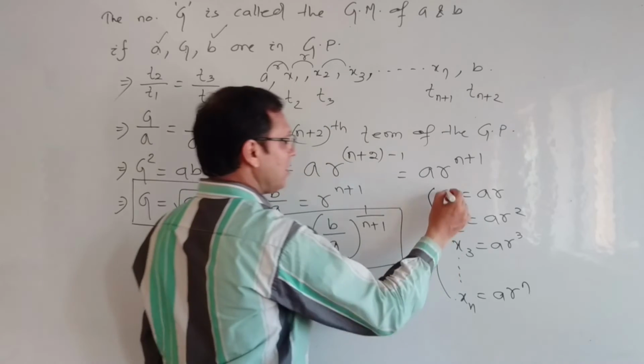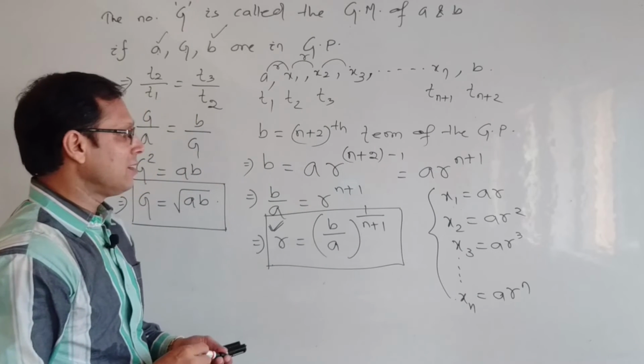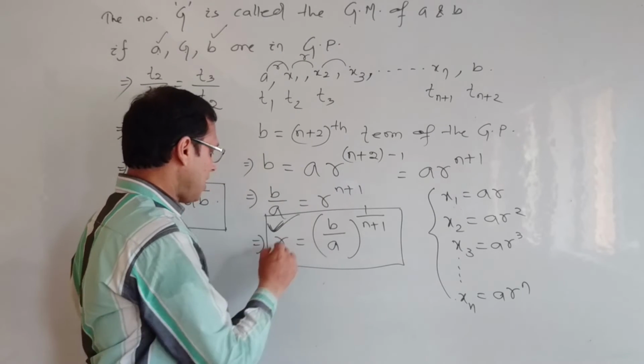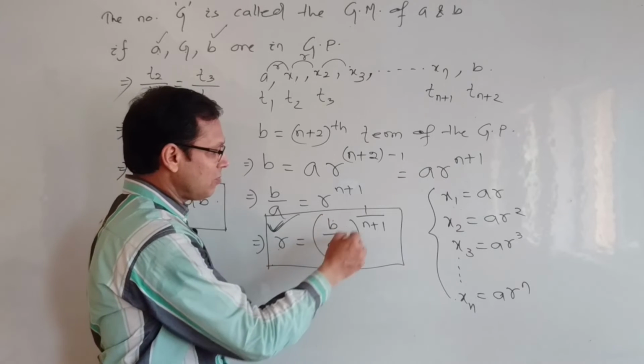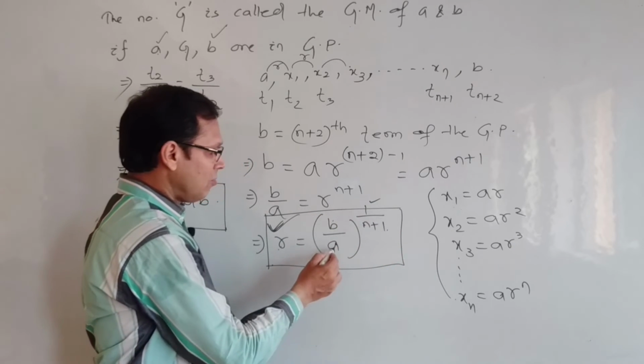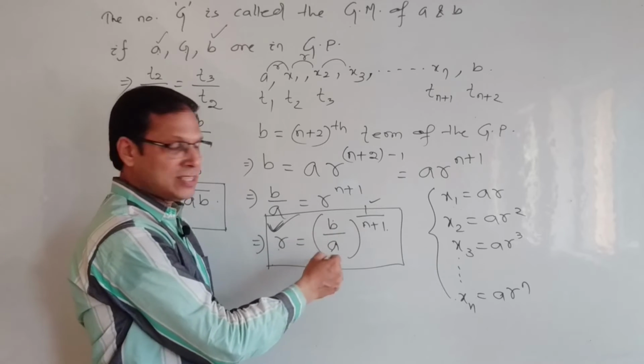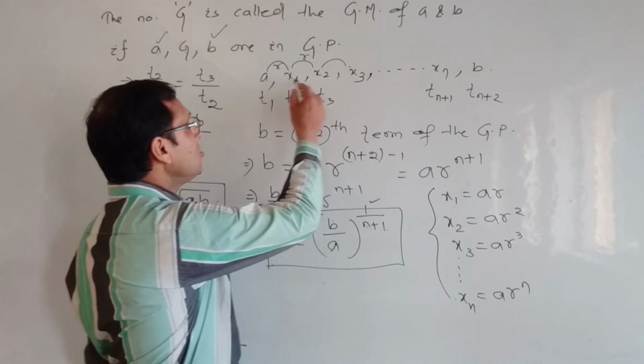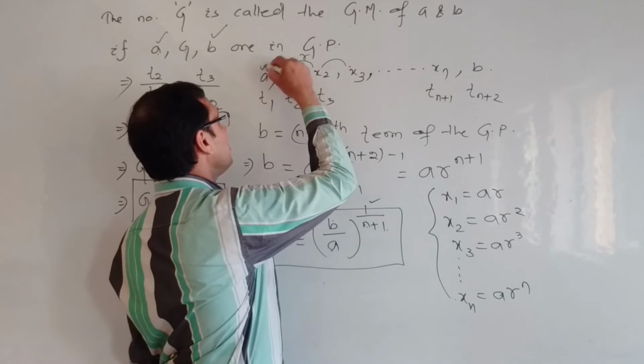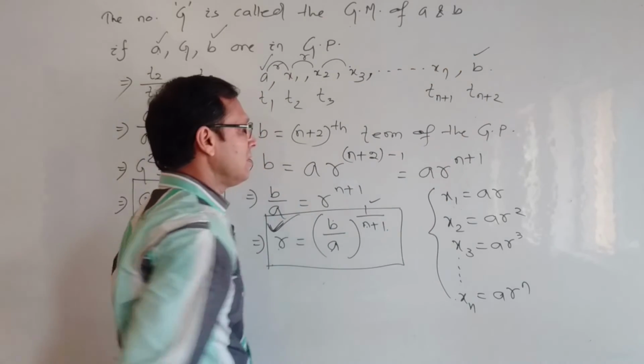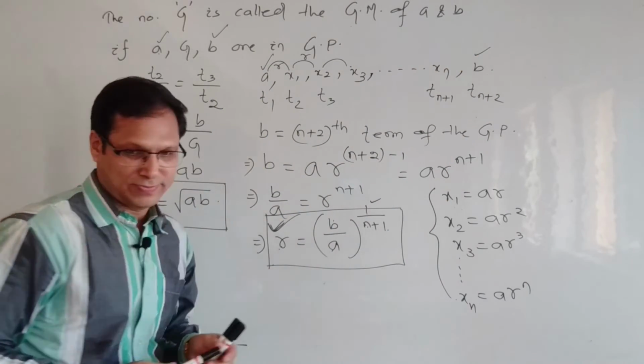So you can find the n geometric means with the help of the relation r is equal to (b by a) whole to the power 1 by n plus 1, where a and b are two numbers and n geometric means should be inserted in between the two numbers a and b. So make it a note.